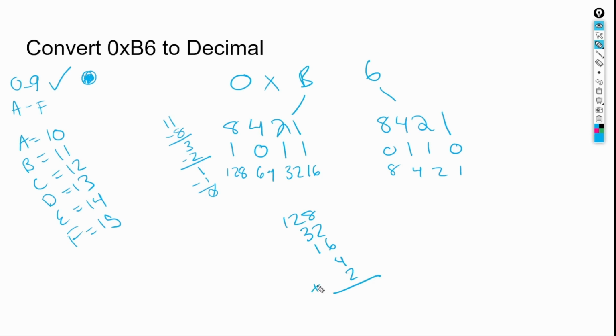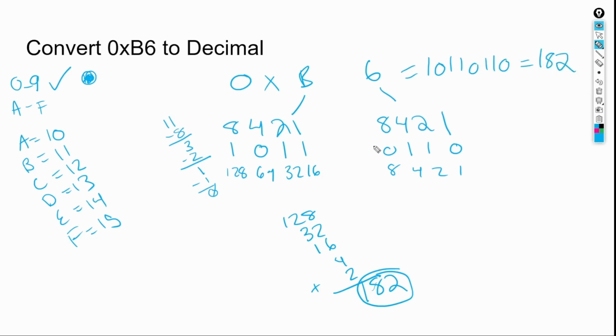And if we add all of these up, 128, 32, 16, 6, 182 if I put that into my calculator correctly. So 0xB6 is the binary number of 10110110 and the decimal number of 182.